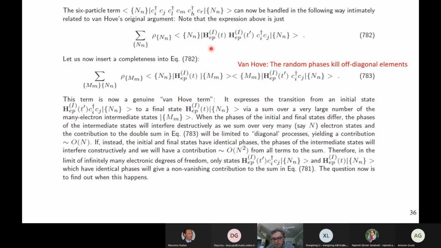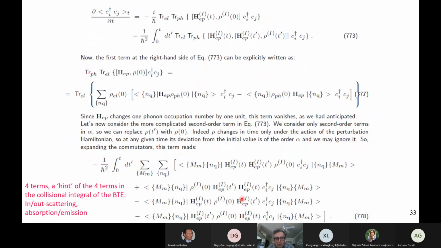We started with somewhere here, we have 4 terms, and each of them have 2 electron phonon Hamiltonians, because we are at the second order in alpha, right? If you had to extract an alpha out, we would have an alpha squared over here. This term, we'll see that we can let it vanish. Although memory effects are quite important in some situations, in our case we'll ignore it.